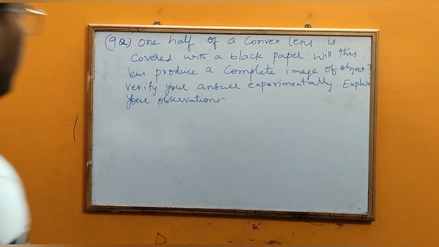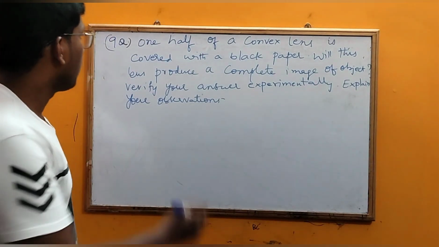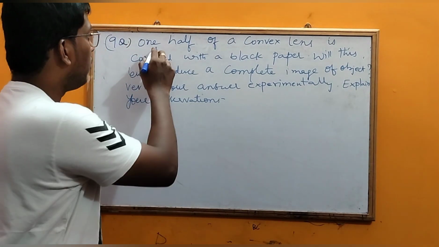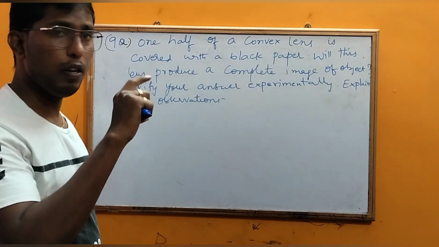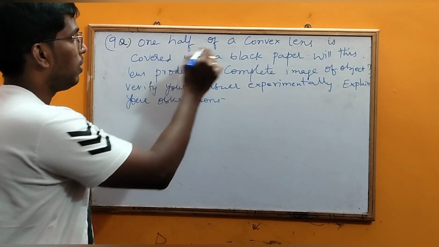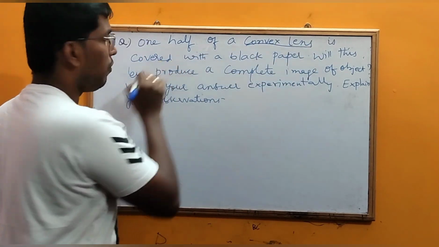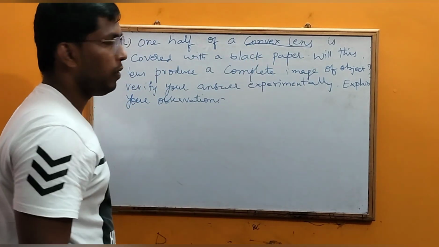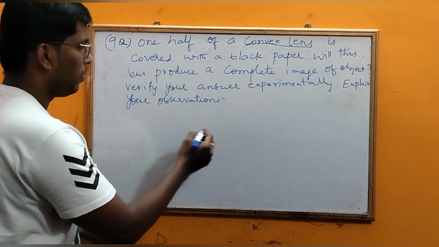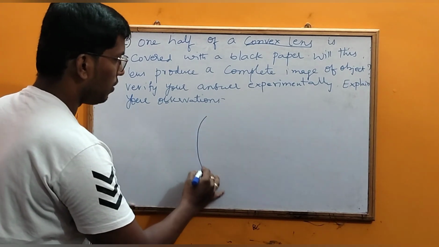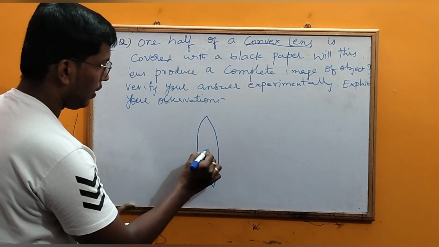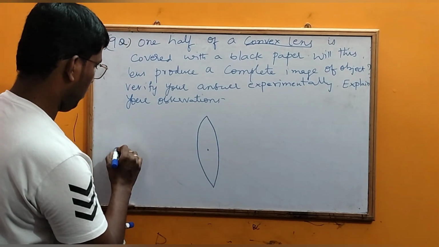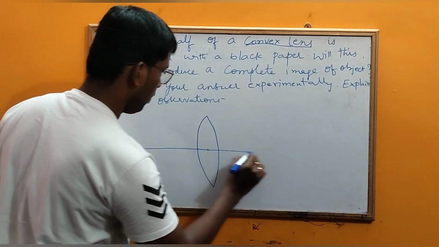Let us see the next question, the ninth one. One half of a convex lens, one half meaning half part of the full lens, is covered with a black paper. I will draw the diagram. We know that this is a convex lens, with the optic center and principal axis.